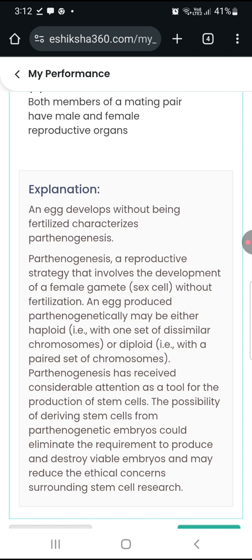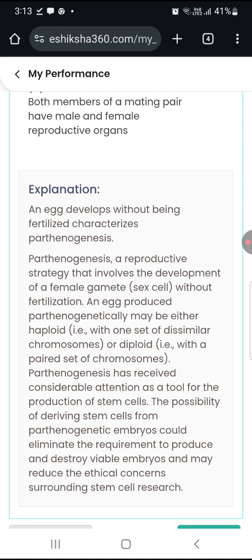Parthenogenesis is a reproductive strategy that involves the development of a female gamete (sex cell) without fertilization. An egg produced parthenogenetically may be either haploid, that is, with one set of dissimilar chromosomes, or diploid with the paired set of chromosomes.